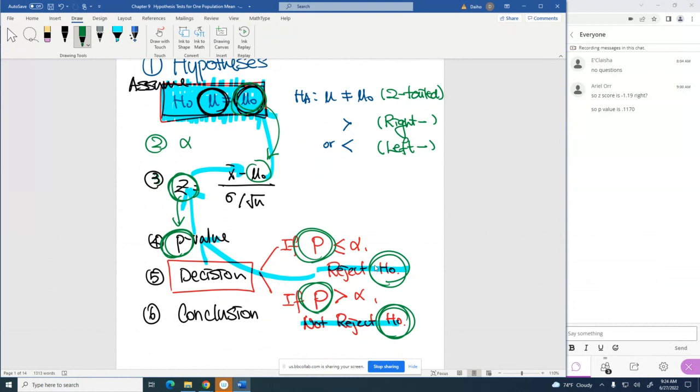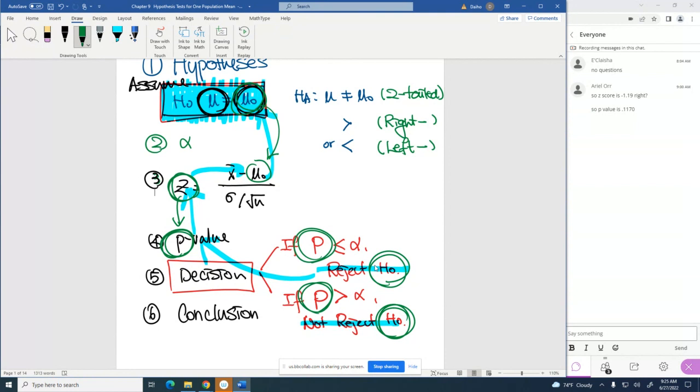We use the alternative hypothesis only in step 4, when we get the p-value: less than is left tail, greater than is right tail, not equal to is two tail. The other steps are based on the null hypothesis.